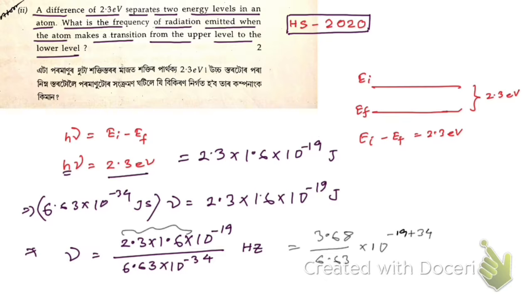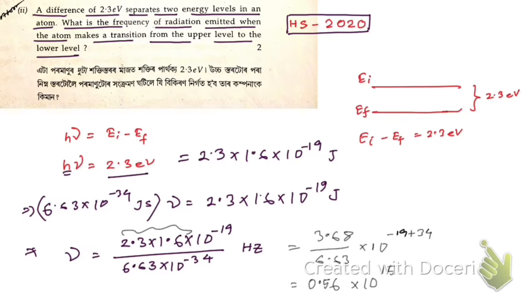Now calculate this. Let me use calculator. If you multiply 2.3 into 1.6, that's going to be equal to 3.68 divided by 6.63 into 10 to the power minus 19 plus 34. So now what will we get? 3.68 divided by 6.63, that's going to be approximately 0.56 into 10 to the power plus 15.